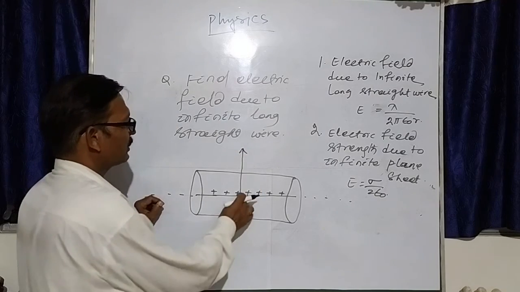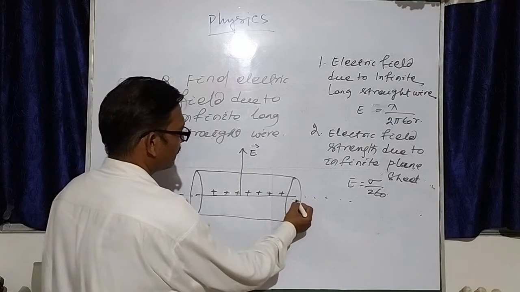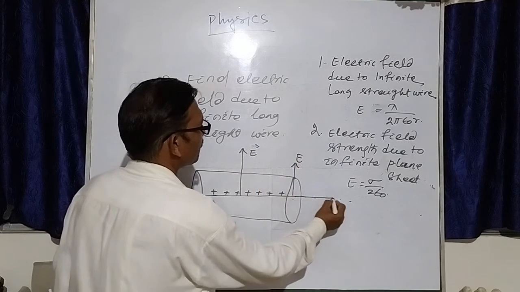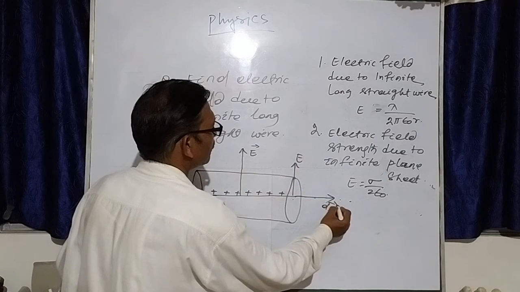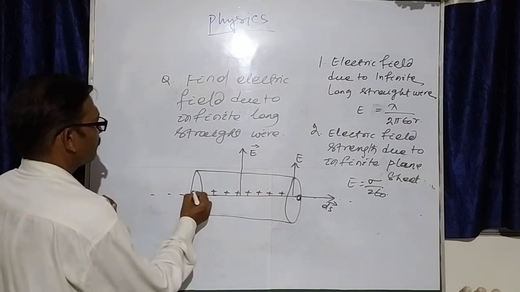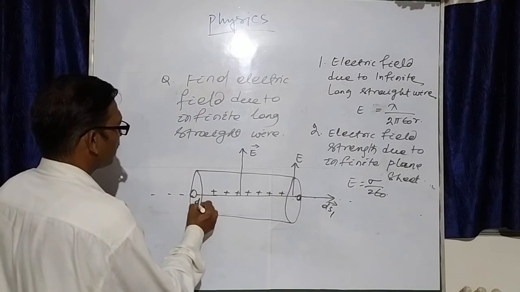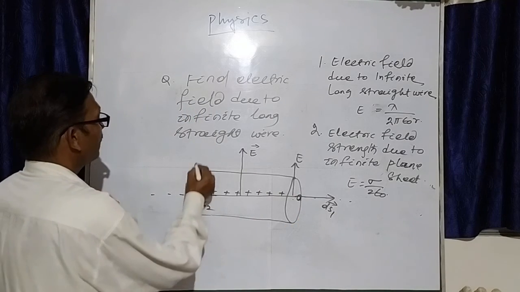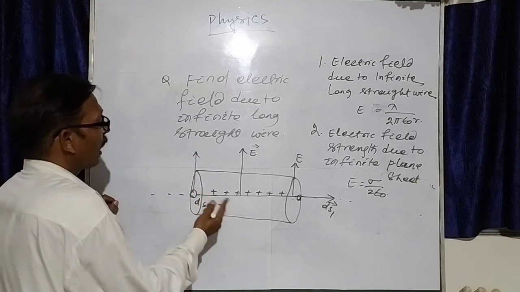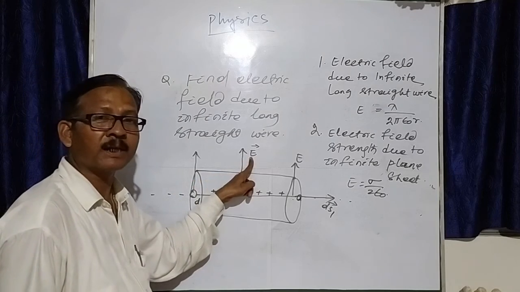Lines of force go away from the positive charge, so this gives the direction of the electric field.